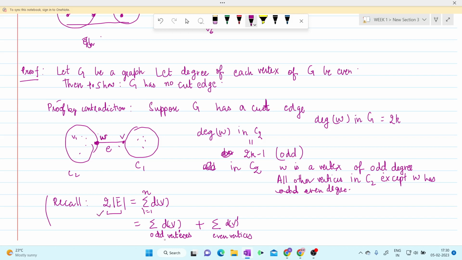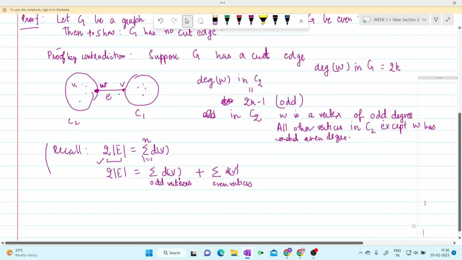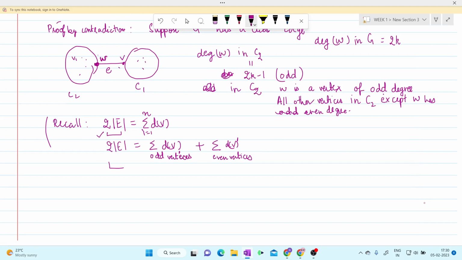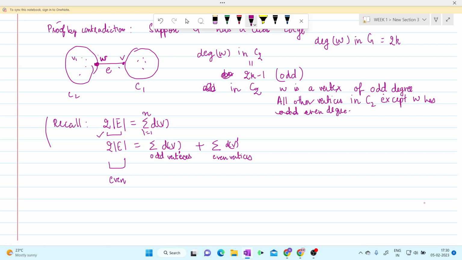The even part is even because it is a multiple of 2. Here all the vertices are even vertices, so we are adding up even numbers, and this sum will also turn out to be even. So the sum over odd vertices also has to be even, because when we add an odd number and an even number, we can't get an even number, and on the left-hand side we have an even number.